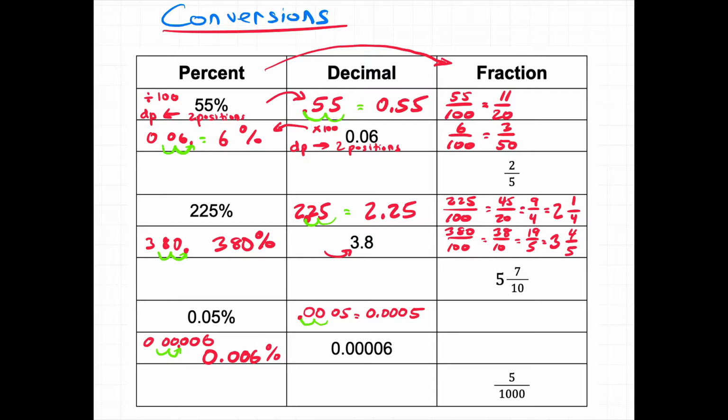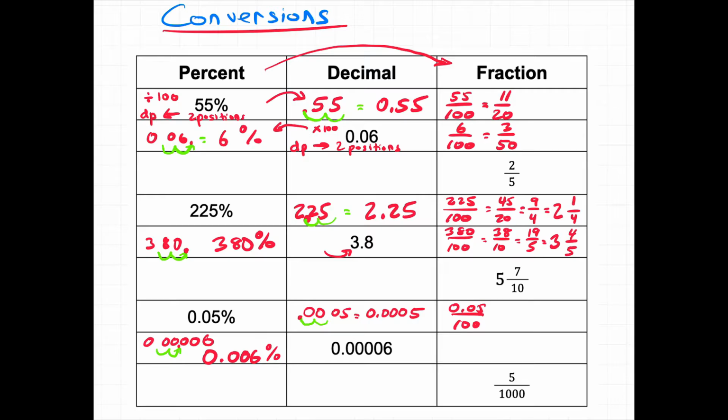Okay, so let's take a look down here at 0.05%. So this one's a little bit different, and it's still going to be 0.05 over 100, but it looks weird as a fraction with the numerator having a decimal.